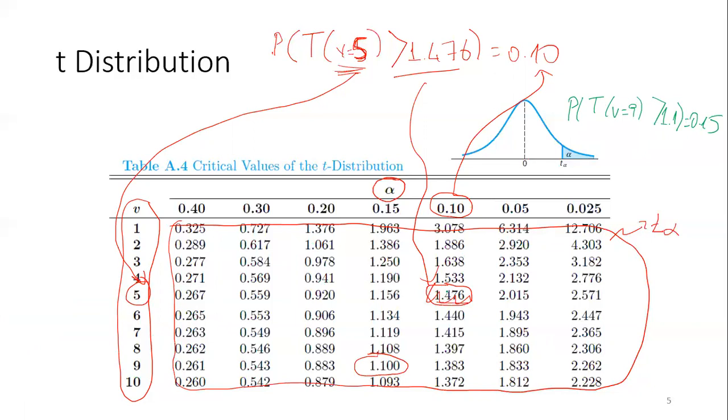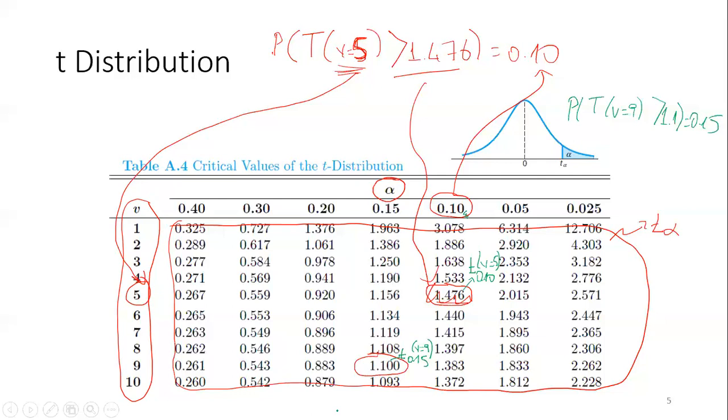Just look at this one, 1.476. This is the t value that leaves an area of 0.10 to the right. So this is t sub 0.10 at v equal to 5 degrees of freedom. How about this? This is the t value that leaves an area of 0.15 to the right at v equal to 9 degrees of freedom.